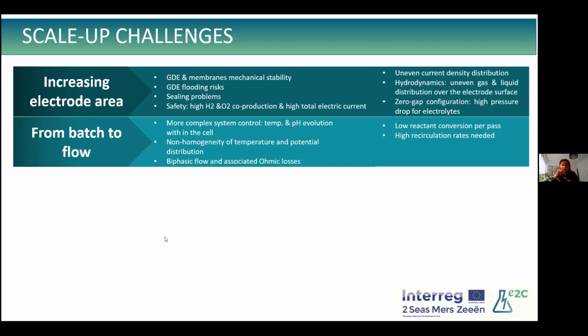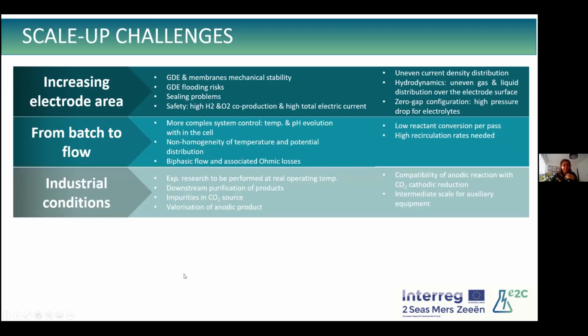But also with flow reactors, there is this non-homogeneity, which can be cumbersome for the efficiency of the electrochemical reaction. When scaling up, it's also important to consider the real industrial conditions, and the experimentation should be done at relevant temperature and pressure conditions. And also Thijs mentioned that this should be done in the early stages.